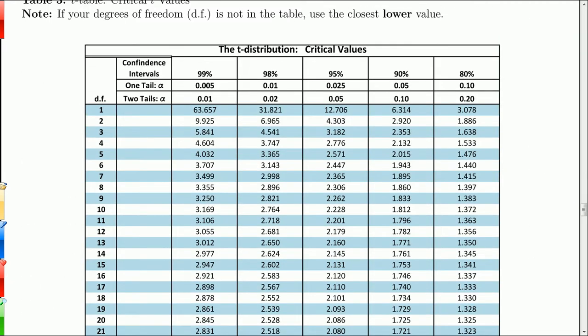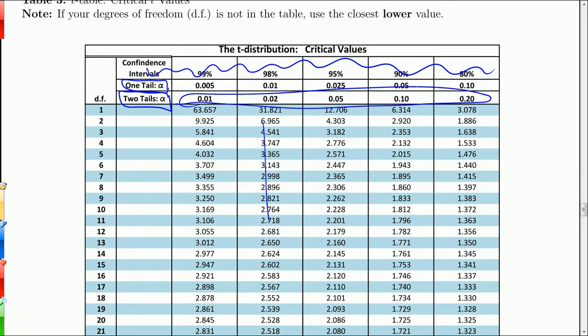So last chapter we did confidence intervals. We're not looking at those now. Don't worry about those. Now we're looking at one-tailed alpha or two-tailed. So if you're doing a one-tailed test, you look along here for your significance level. If you are doing a two-tailed test, you look along here for your significance level.